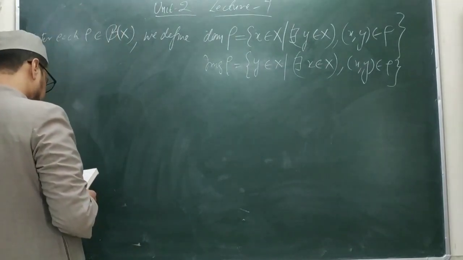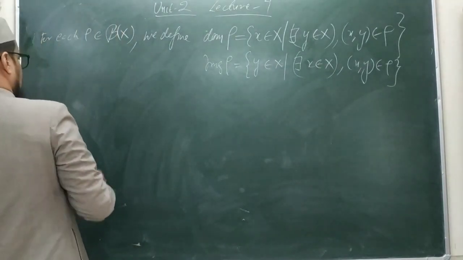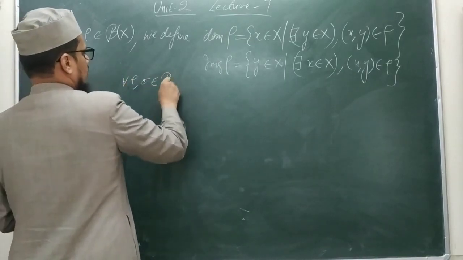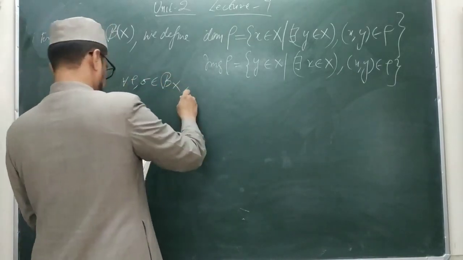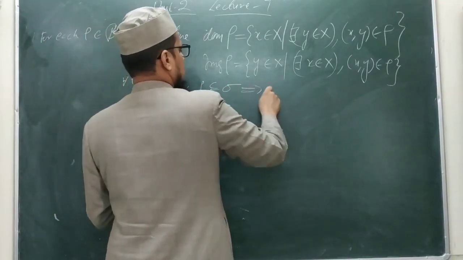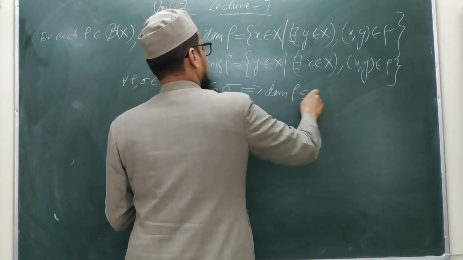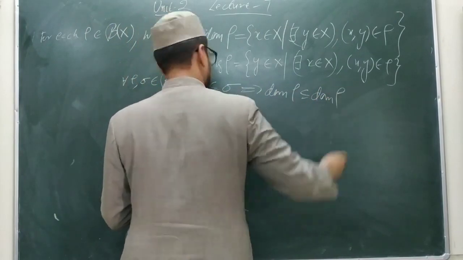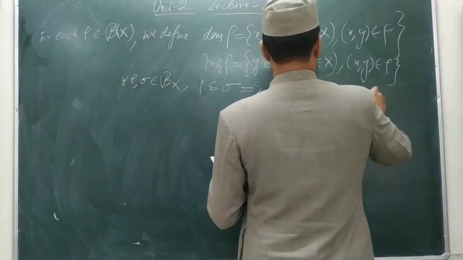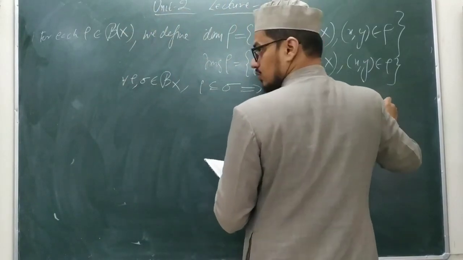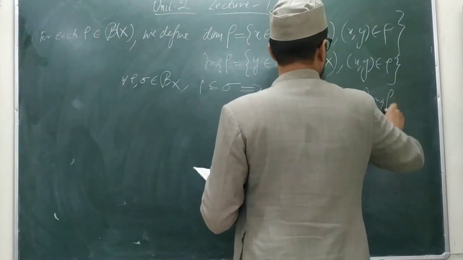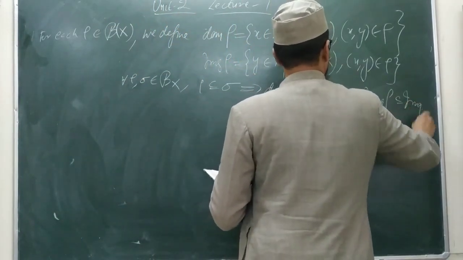Now all of you can see that for every row, sigma belonging to Bx, row subset of sigma implies domain row subset of domain sigma and image row subset of image sigma.